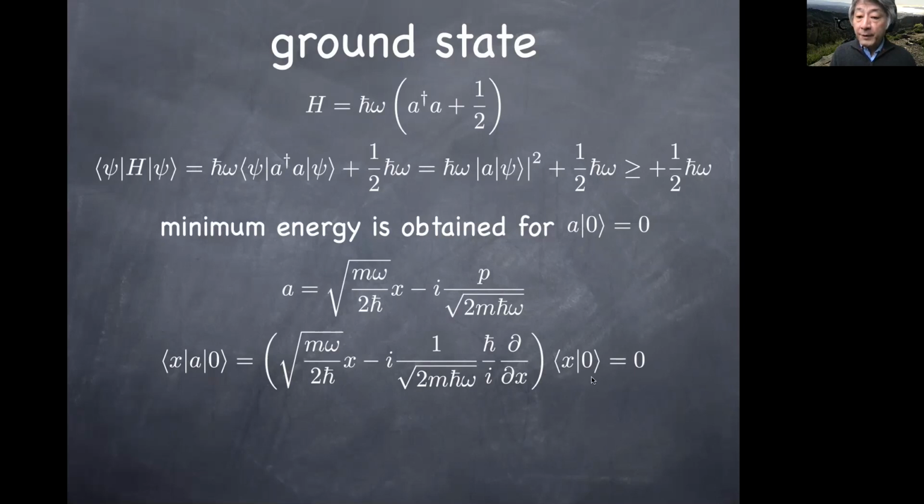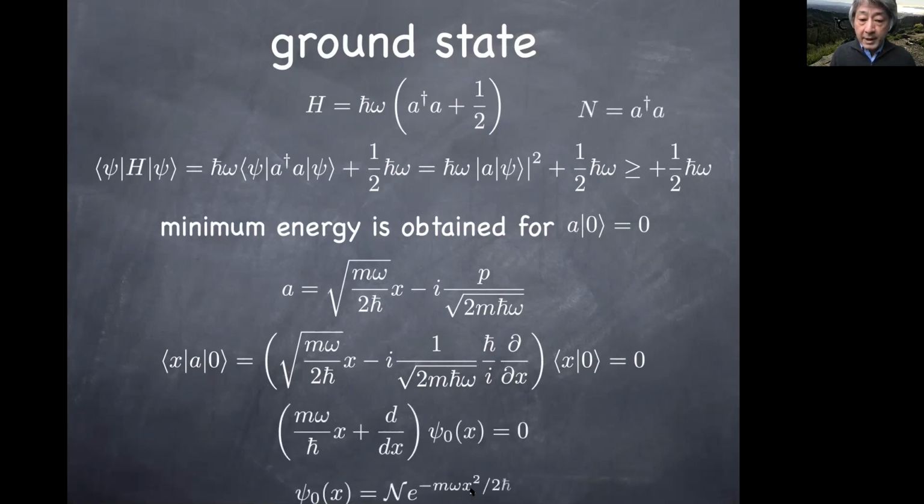So I'm looking for a function whose derivative with respect to X returns X. And that's a simple differential equation you can solve right away, namely it has the form given by this Gaussian function. Because the Gaussian has x squared in the exponent, and taking the x derivative would bring x down from the exponent.